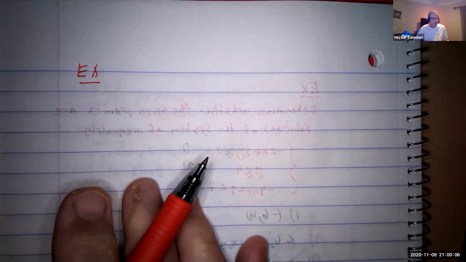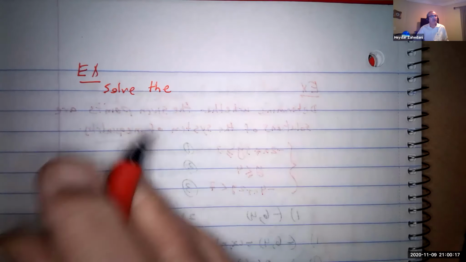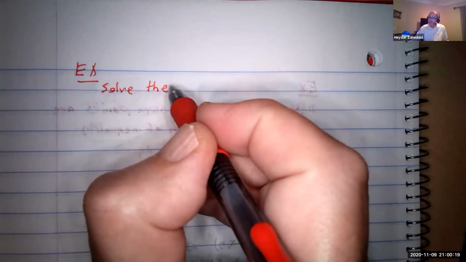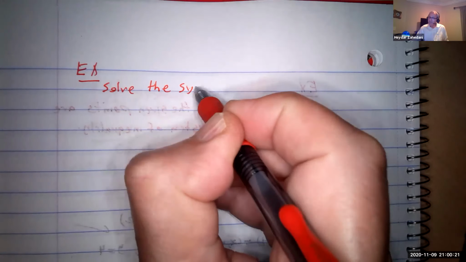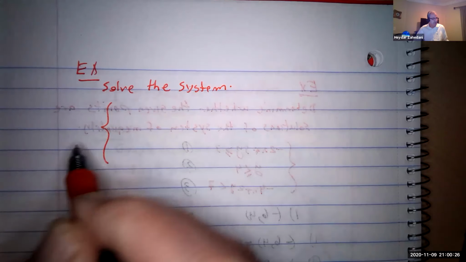Okay, so let's try this system. For example, we wanted to graph this system or solve the system, graph the solution, we mean. This is a system that we're going to use later on.